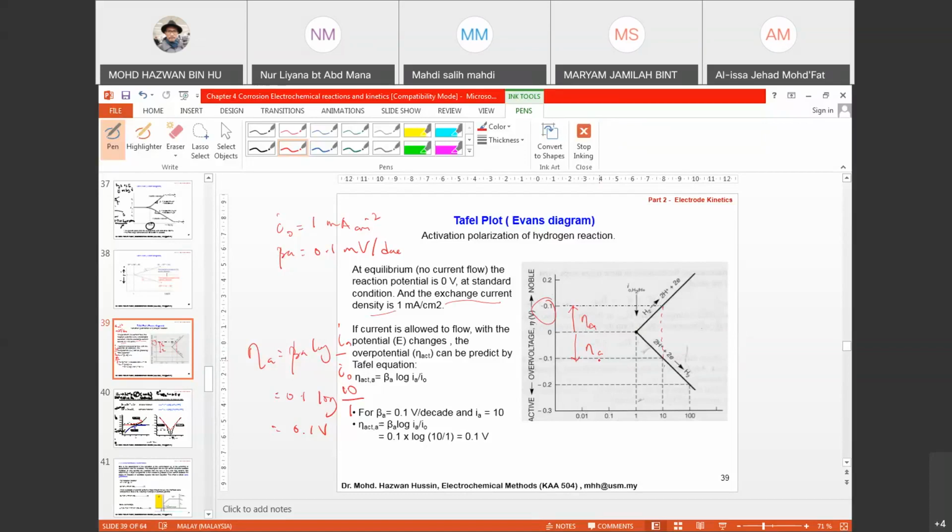Because if you notice the current, in this case, if you say that it is in equilibrium, we can say yes, because the current values will be equal. Here, the current value for anodic is equal to 10, and the current value for cathodic is also equal to 10. Then yes, we get equilibrium because the current of anodic and cathodic is similar.